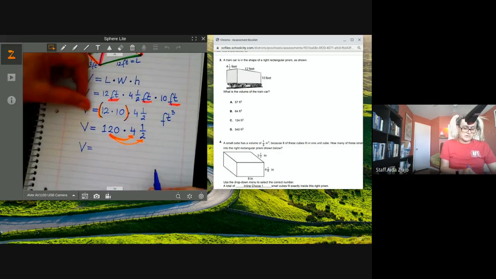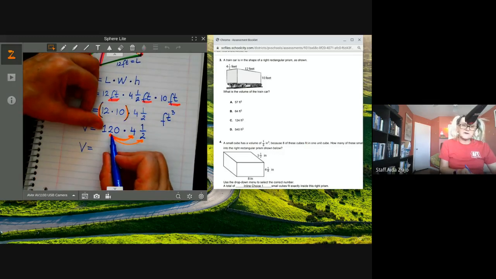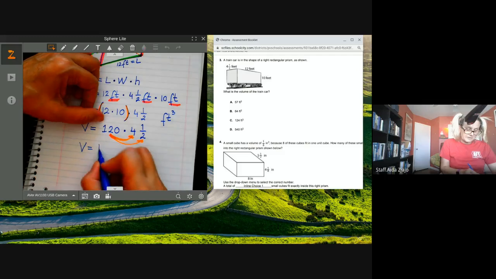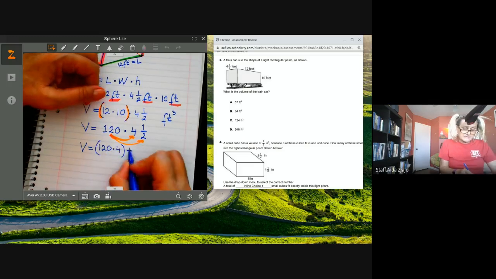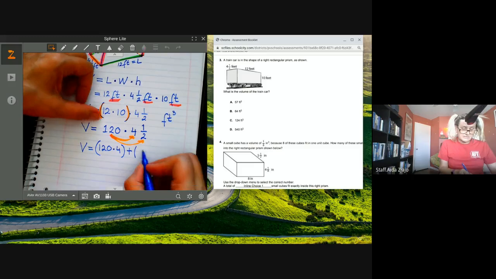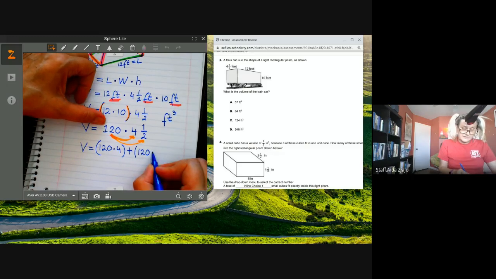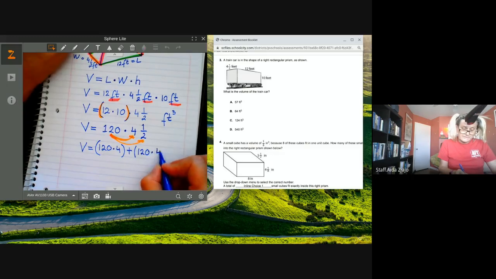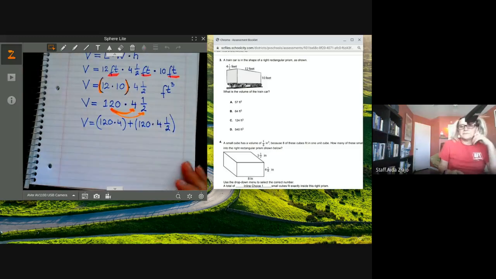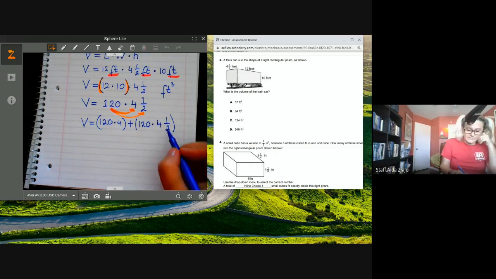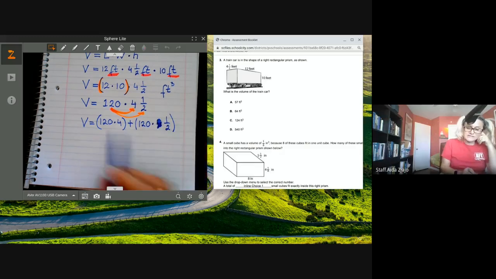So just know that this is 120 times 4, and then you're going to add 120 times 0.5. Sorry, half, mistakenly. 120 times 4 and 120 times half.